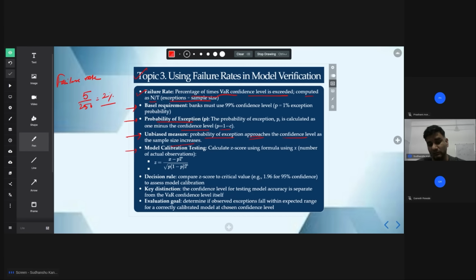So compare the Z score to the critical value: if your Z is greater than 1.96 for 95%, you reject the model.